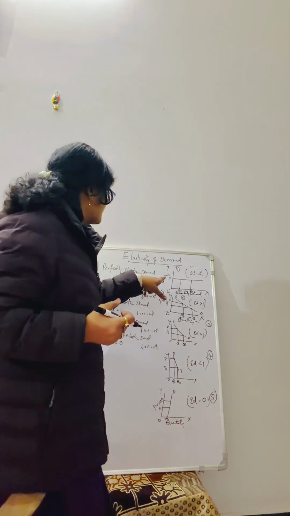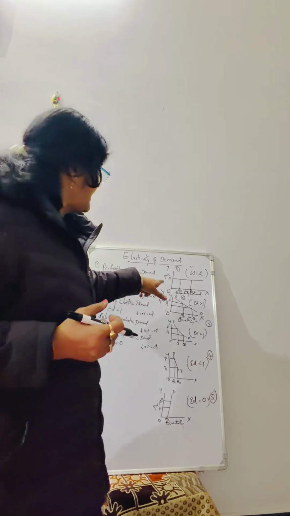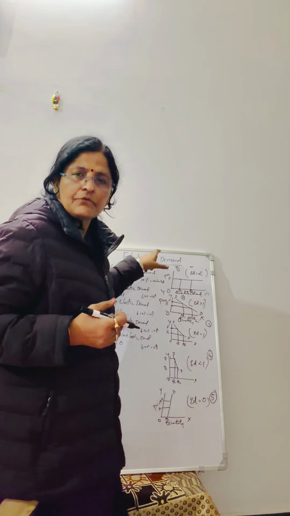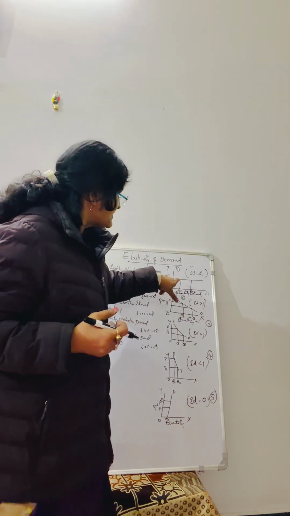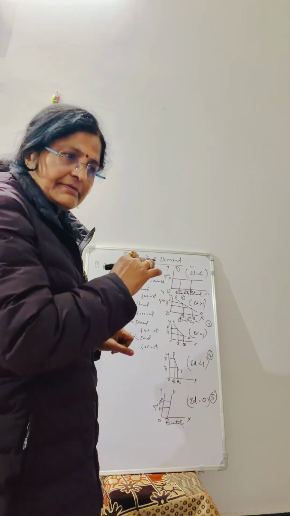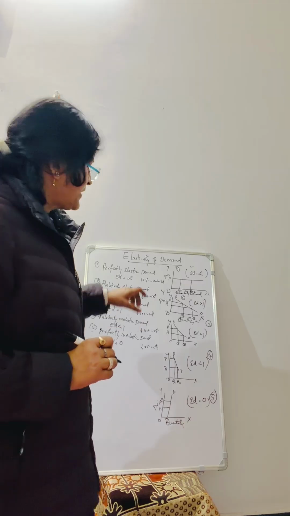So, this can be presented with the help of a diagram. On the OX axis we are measuring the quantity demanded, on the OY axis we are measuring the price of the commodity. Now you can see here that the demand curve is horizontal to the OX axis. Why is it horizontal to the OX axis?